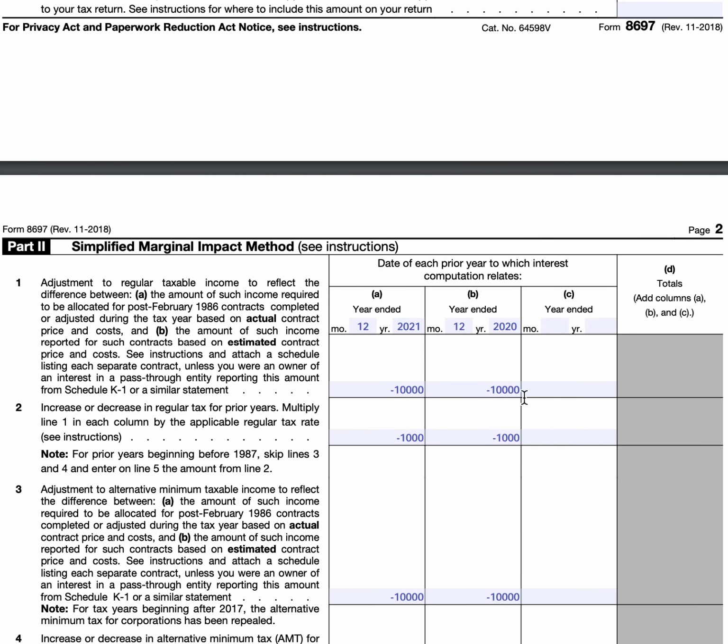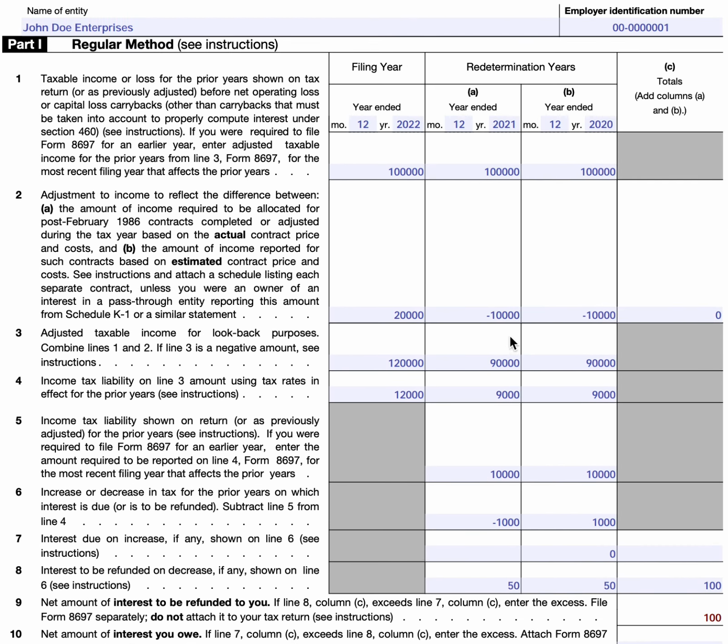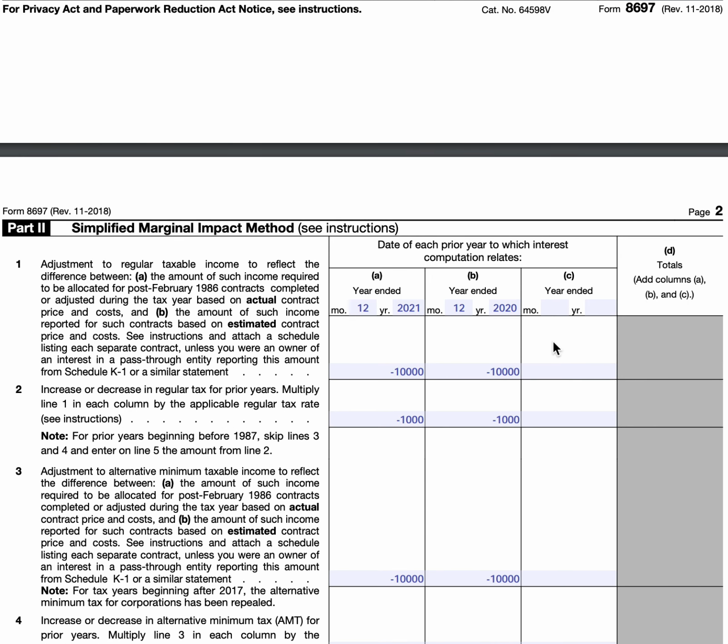So now we're going to move on to part 2, so this is where we simplify some of the taxes by incorporating basically the highest marginal tax and alternative minimum tax instead of having to go back and recalculate every single tax liability for every single prior year.